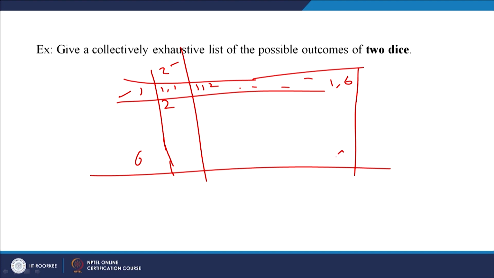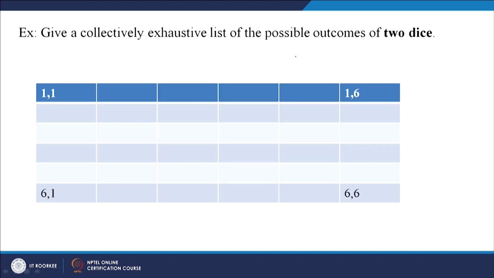So, finally, what you will have 6 6, is not it. So, you will have a list of 6 rows and 6 columns, wherein you would be writing down all possible outcomes. So, this is how you can prepare a complete table, right. So, 1 1 to 1 6, 6 1 to 6 6. Okay.